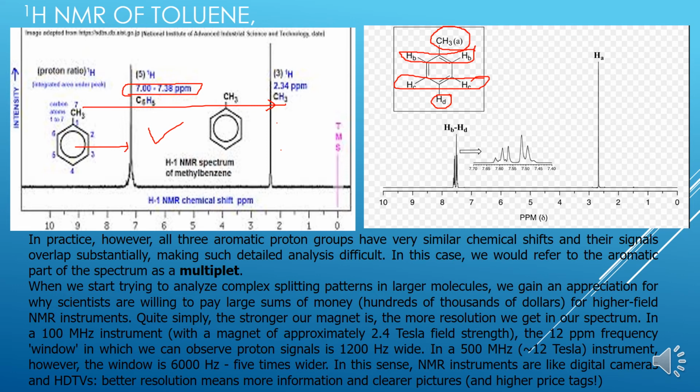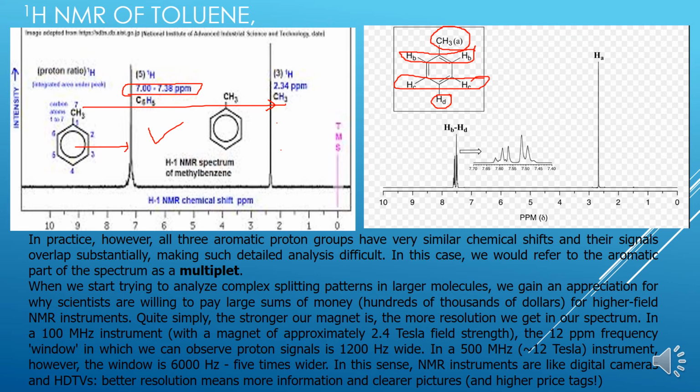In a 100 megahertz instrument, with a magnet of approximately 2.4 Tesla field strength, the 12 ppm frequency window in which we can observe proton signals is only 1200 hertz wide.